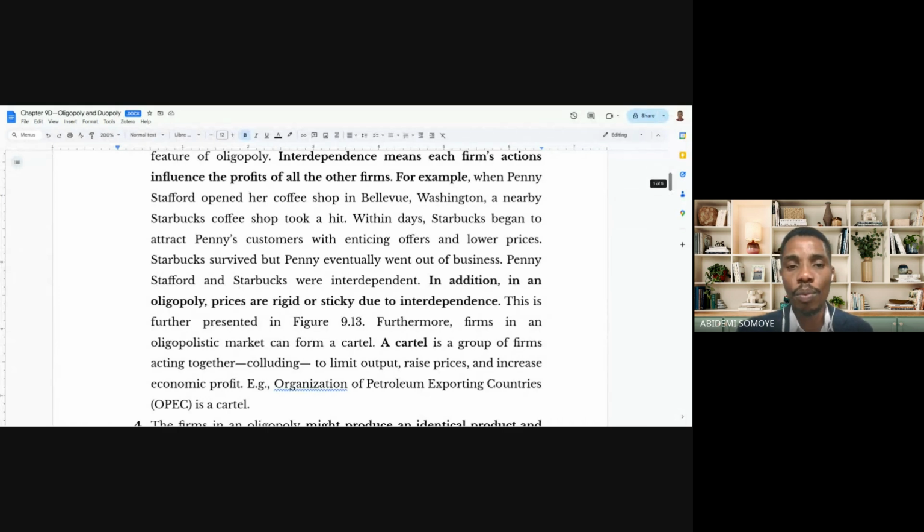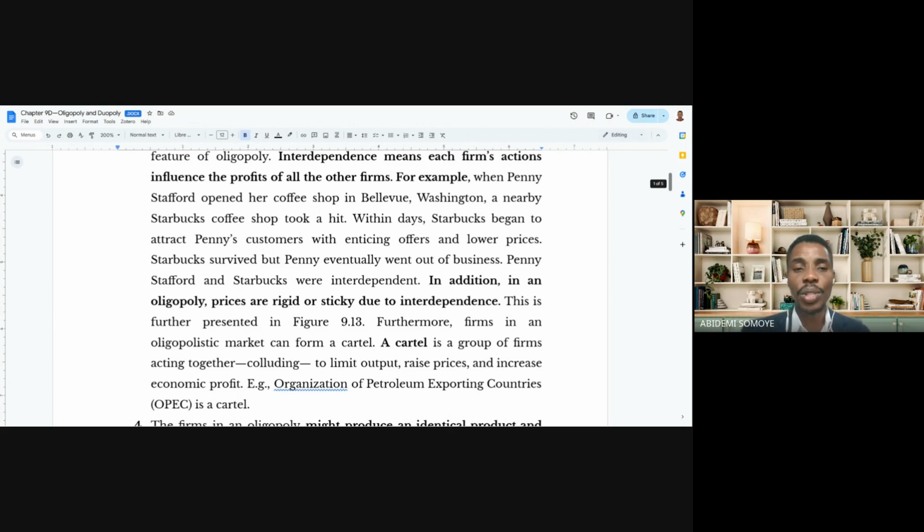Starbucks survived, but Penny eventually went out of business. Penny Stanford and Starbucks were interdependent. Interdependency means that one firm's decision could influence another. Just by tweaking your price, other firms might be affected.